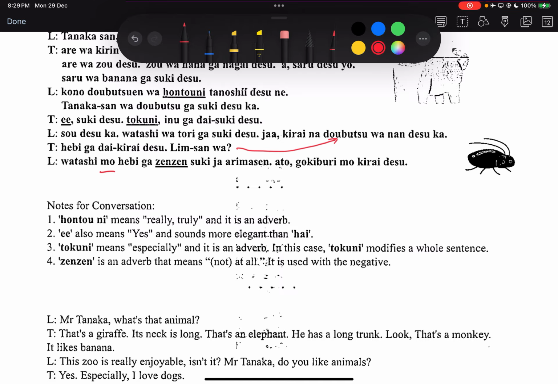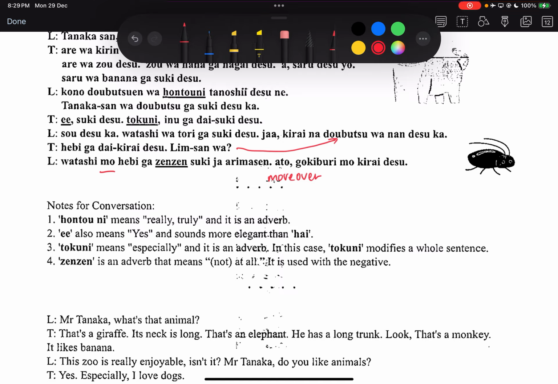If you have to put it in English, ato is like in addition, like moreover. It's like 我还有东西要讲.